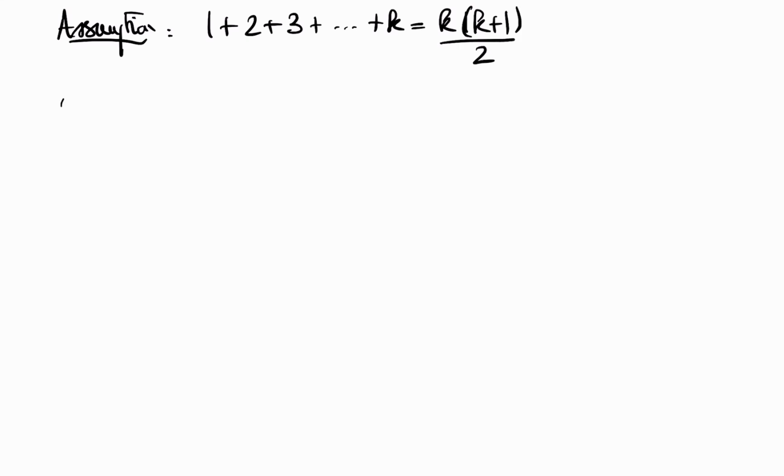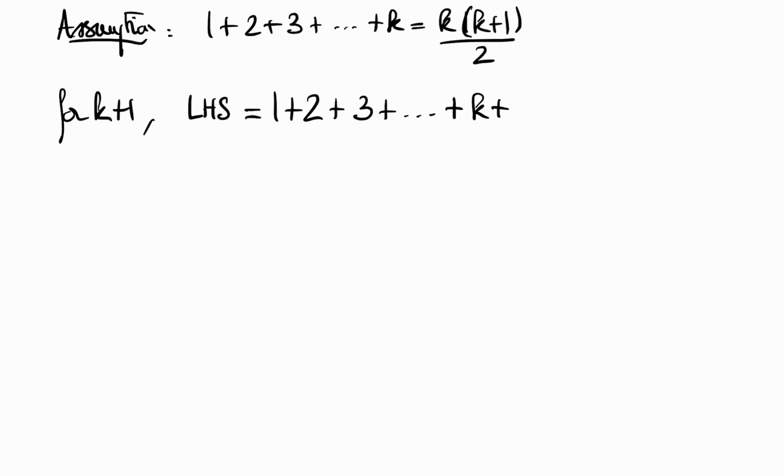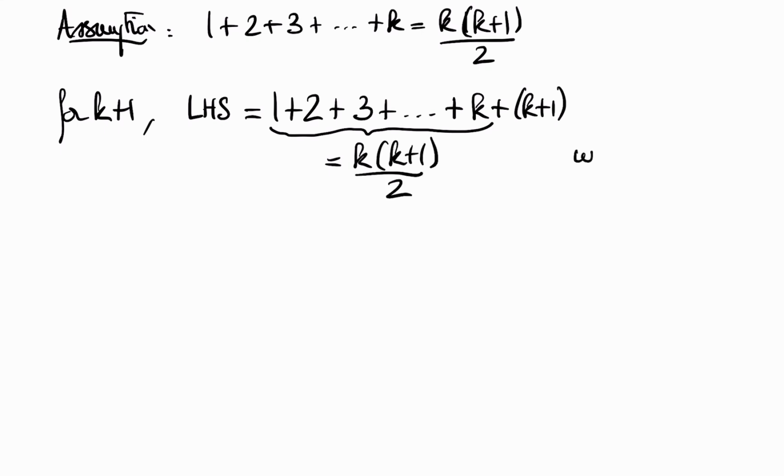Okay, so for k plus 1, the left-hand side would be 1 plus 2 plus 3 plus ... plus k, and then there is another term, which is k plus 1. Now, we can use the assumption to say that this is equal to k times k plus 1 over 2.